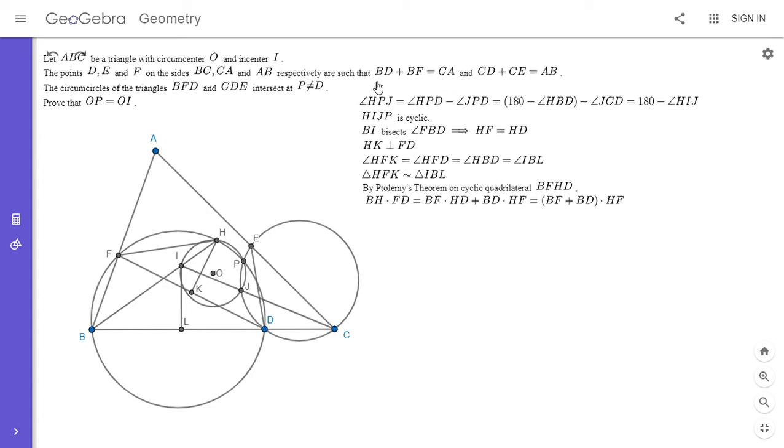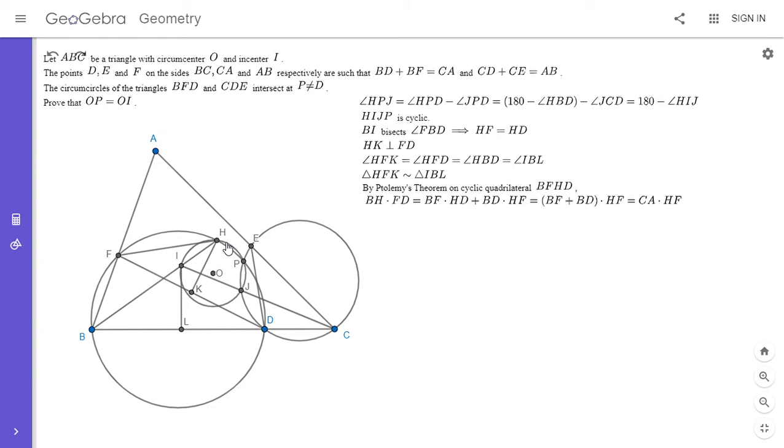But this is my idea of how to take advantage of this sum condition. So we have that this quantity is equal to BF plus BD times HF, since we can factor out the HF, since HD is equal to HF. And then BF plus BD is equal to CA. So we have BH times FD is equal to CA times HF.